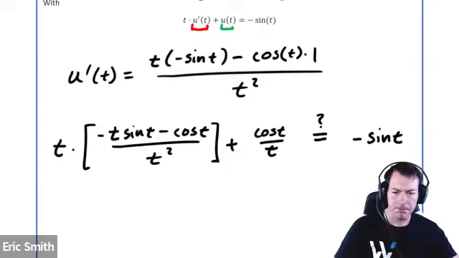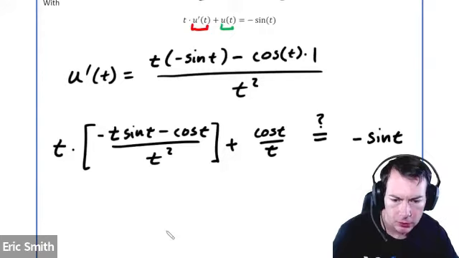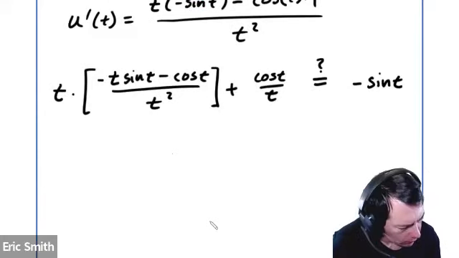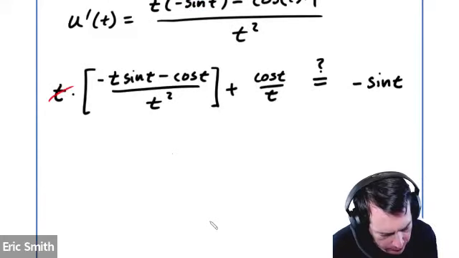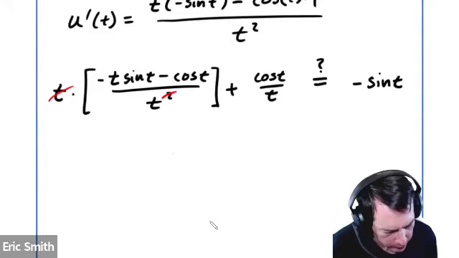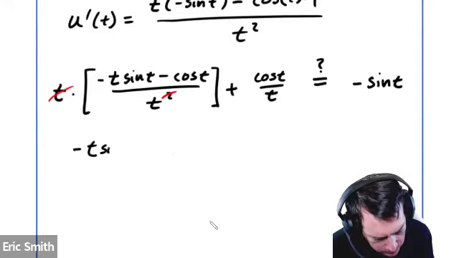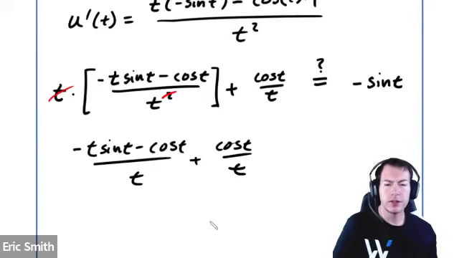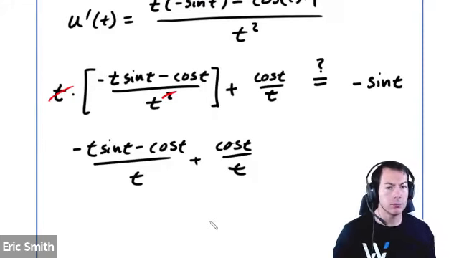Cool. All right, let's do some simplifying, see what we can do from there. Okay, so over on the left side, I can see that I have a single t that will cancel out. So now we're just dealing with a minus t sine of t, minus cosine of t all over t, plus another cosine of t all over t.